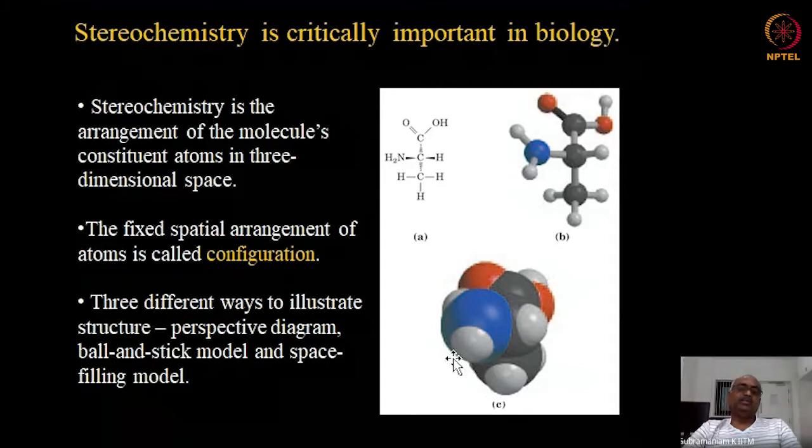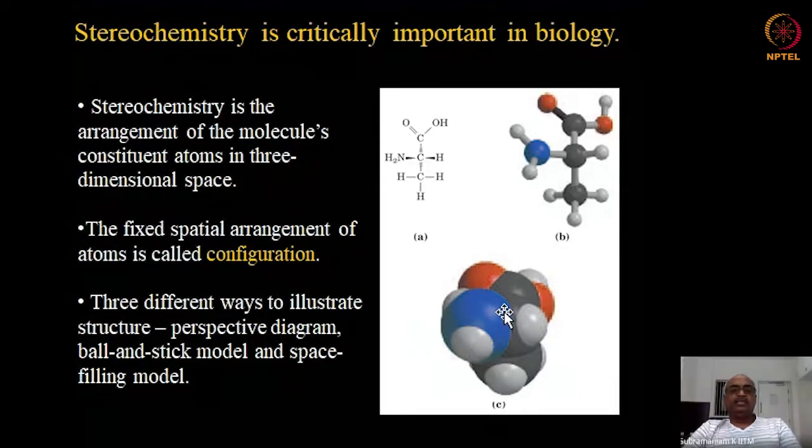And then when you go to the space filling model, the actual space occupied by each atom, which is determined by its van der Waals radius, is the basis for this diagram. The size of each atom varies: for example, this gray one, hydrogen, is small, and this one is big, nitrogen, and this is carbon, and this oxygen, and so on, this hydroxyl group here.